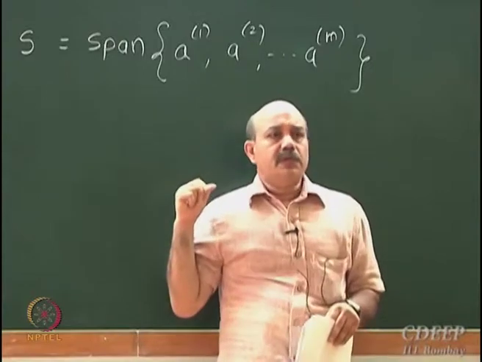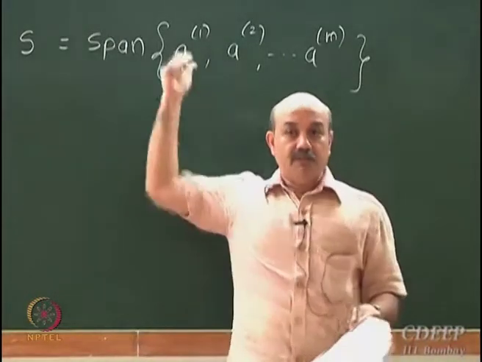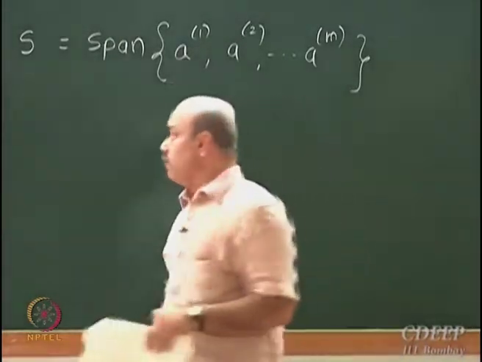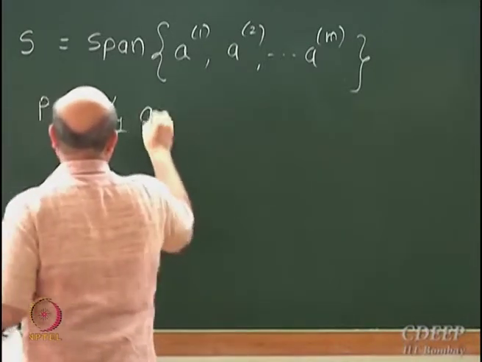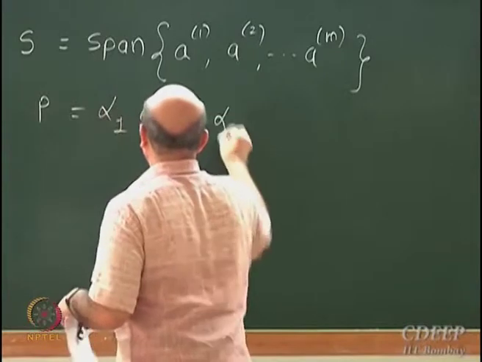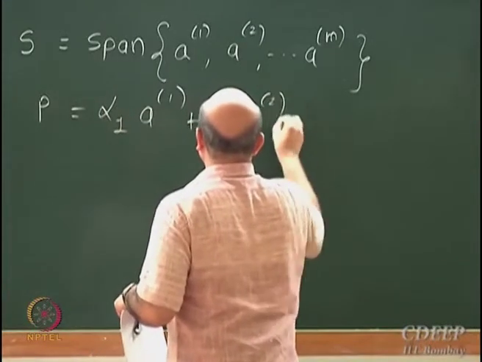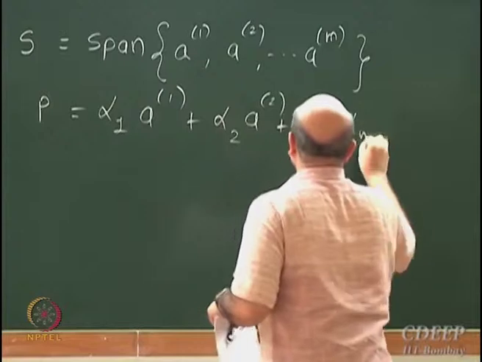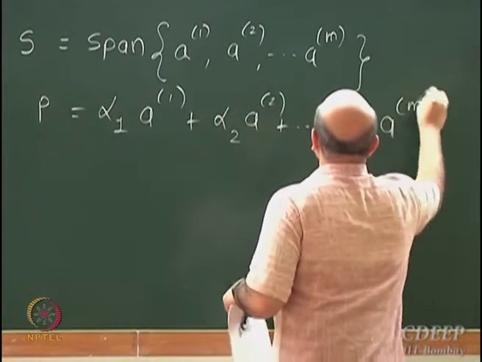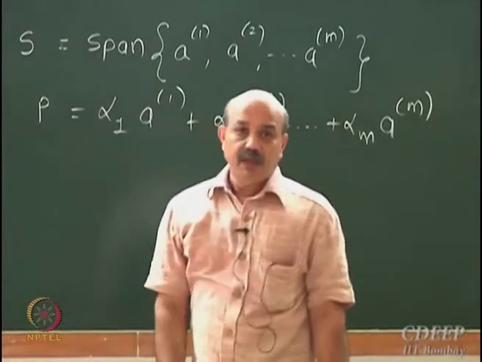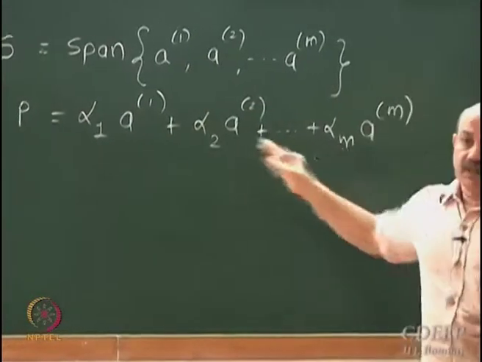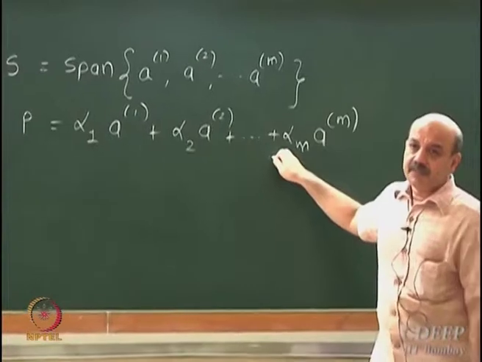Any vector that belongs to S will be of the form alpha 1 a1 plus and so on, a linear combination of these basis vectors.